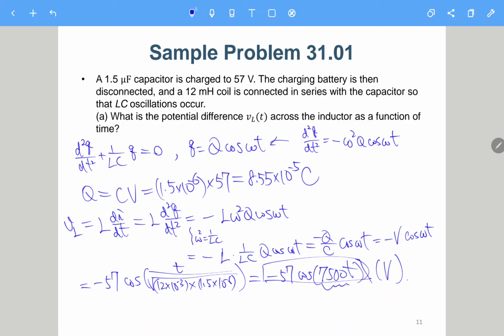And of course this 7,500 is in radian per second. So this is VL of t: negative 57 cosine of 7,500 t.